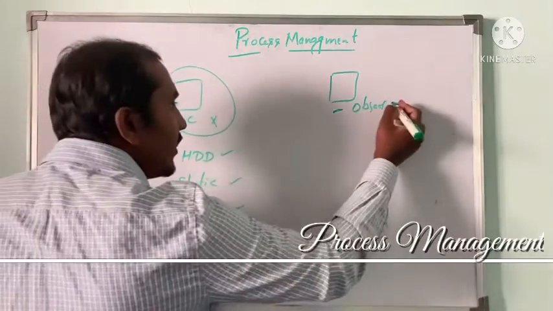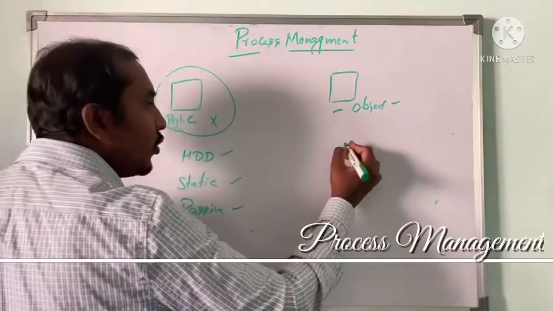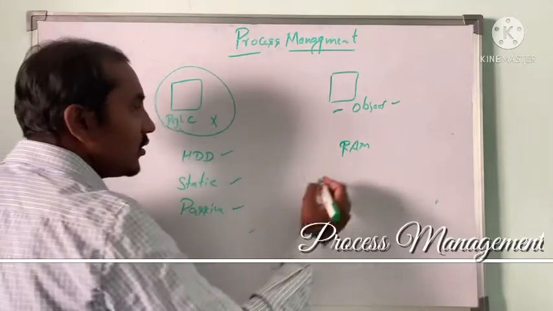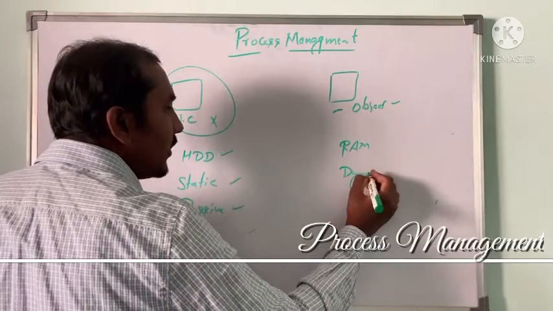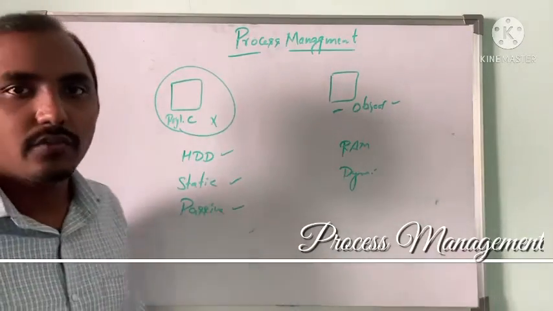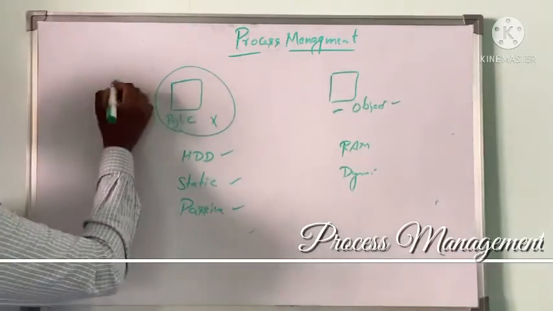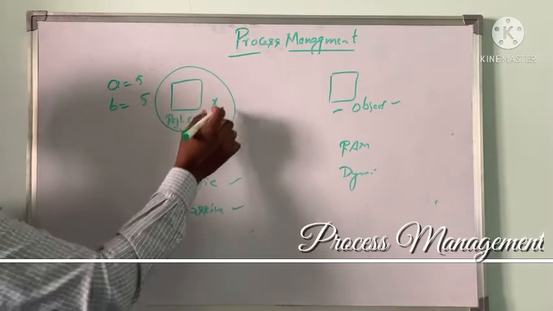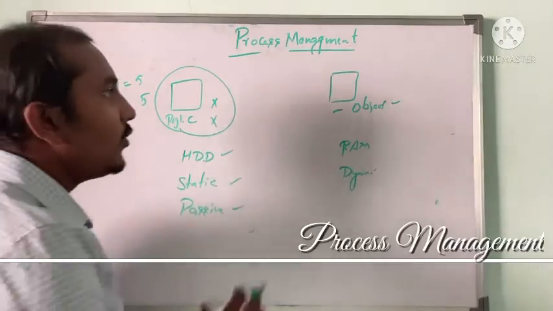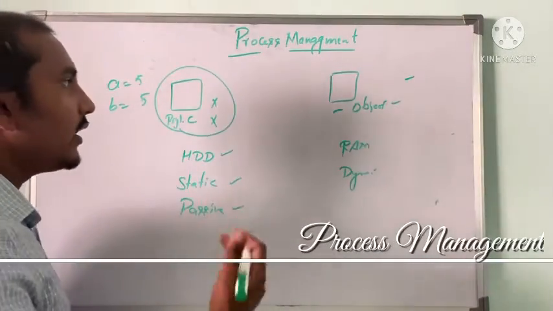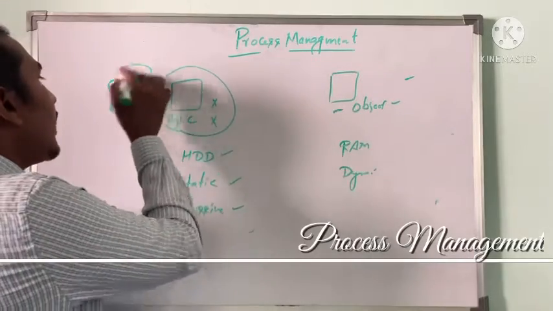And when I say object code, this will be loaded onto RAM or primary memory for execution, and this will be dynamic. Dynamic in the sense, if I write a program A equal to 5 and B equal to 5, and I store A equal to 5 and B equal to 5, that value will not change when it is a program. When you consider it as a process, if you have written any instructions, the value of A and B can change.